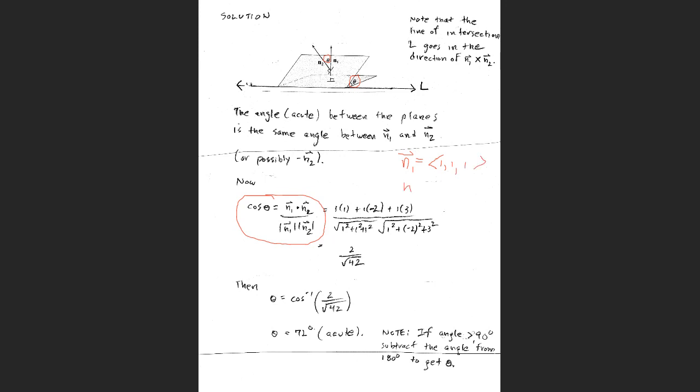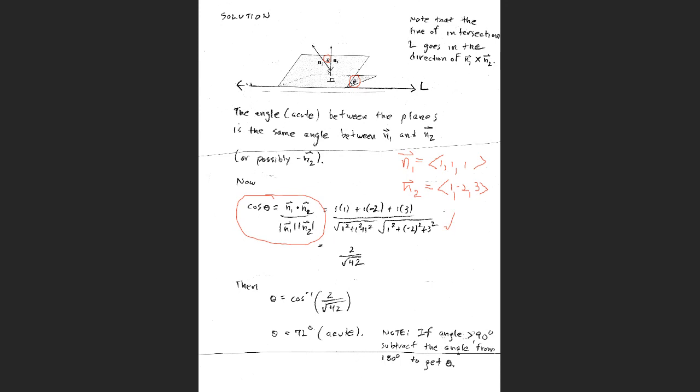The normal vector n2, also called a perpendicular or orthogonal vector, to the second plane has the coefficients of x, y, and z for the second plane, which are 1, -2, and 3.